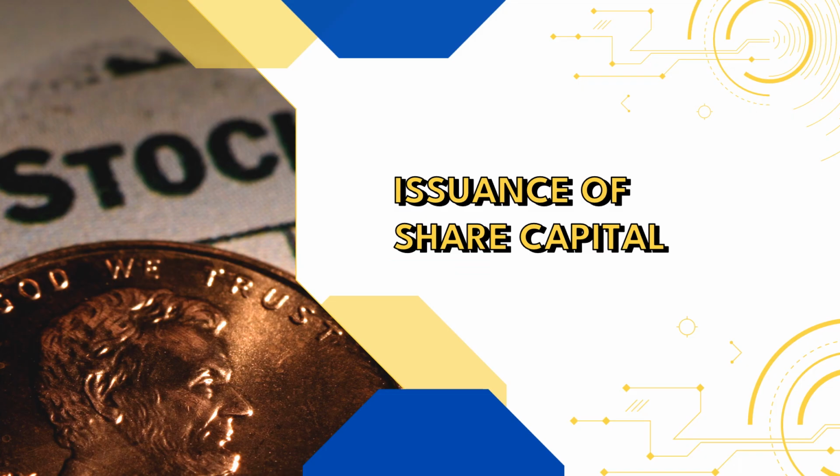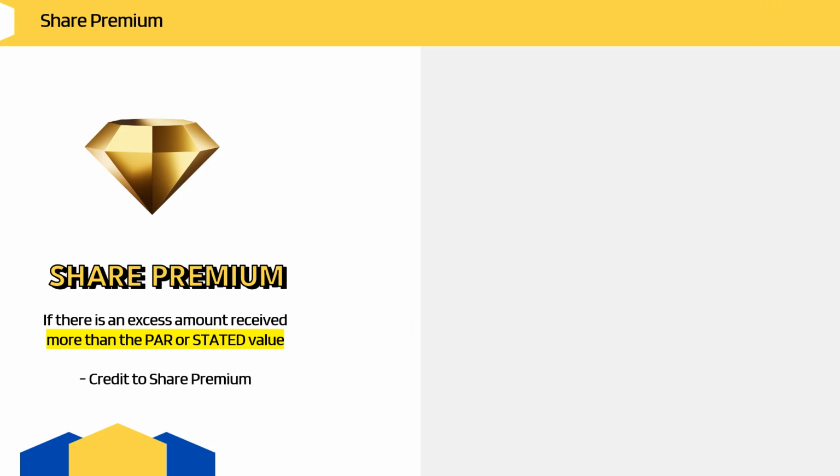Right. So now, we go to the issuance of share capital. We're done with the subscription process. How are shares issued, right? Sometimes, shares go beyond or above the par value. What do I mean by that?